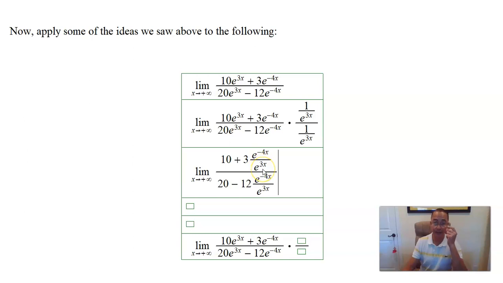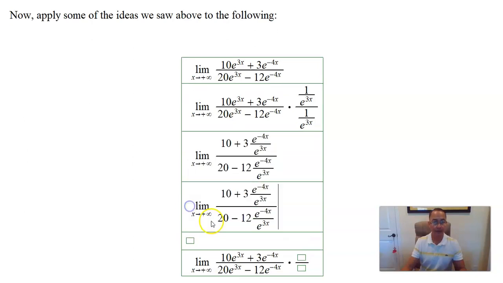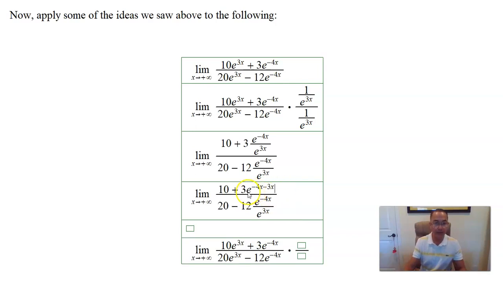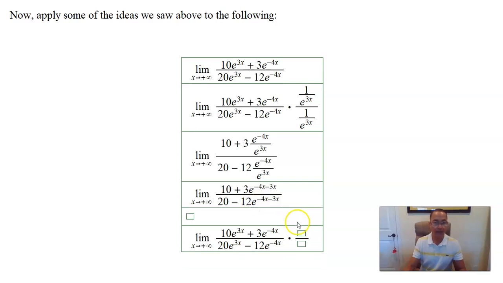I hope you remember your rules for e to the u over e to the v. That was in the video where we first learned about the properties of exponential functions. We have e to the u over e to the v is e to the u minus v. So this becomes e to the minus 4x minus 3x, in the numerator as well as the denominator.